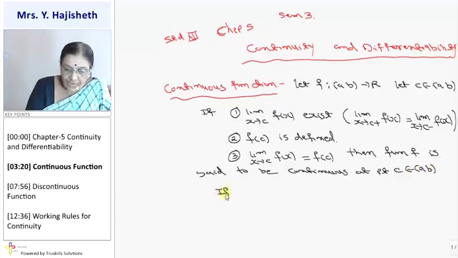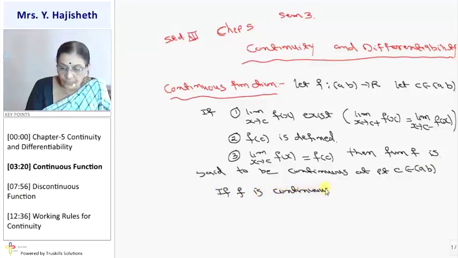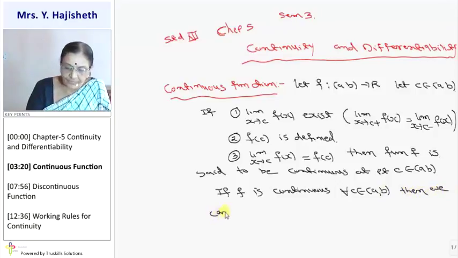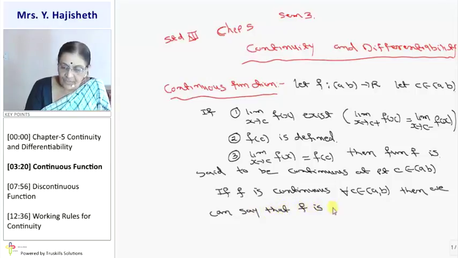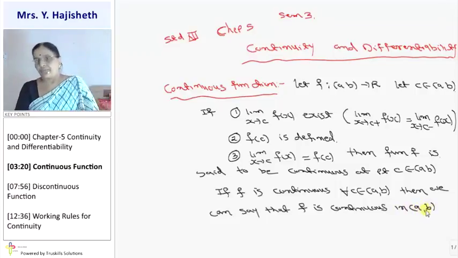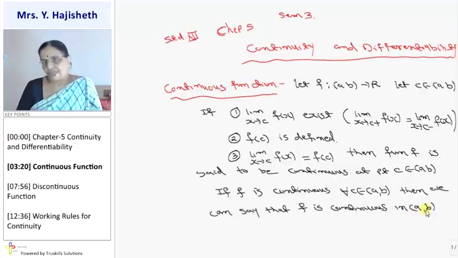If function f is continuous for all c belongs to the open interval (a, b), every point in the open interval (a, b), then we can say that function f is continuous in its domain or continuous in the open interval (a, b). Meaning, if I draw the graph of y = f(x) in the open interval (a, b), it should be a smooth curve, an unbroken graph.